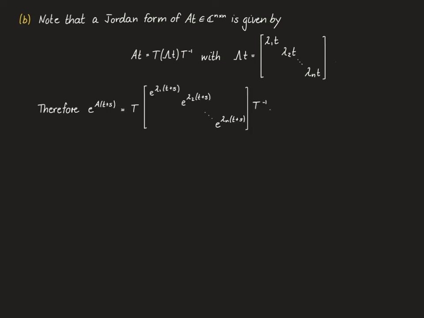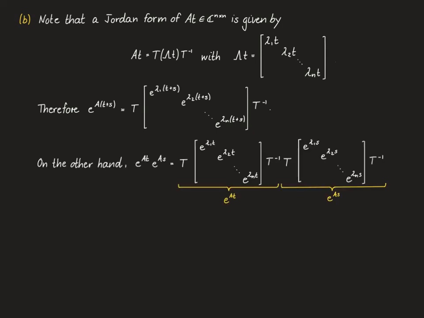Therefore, we can write e to the A times (t plus s), where t plus s is just another scalar, as T times this diagonal matrix, where we now have the scalar exponentials of e to the lambda 1 times (t plus s) down to e to the lambda n times (t plus s), and then times T inverse.